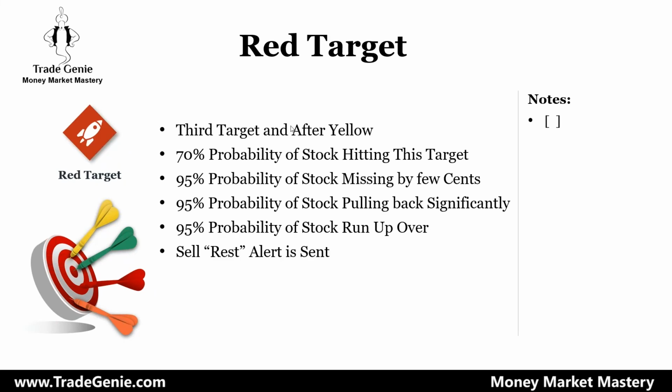Now the red target. The red target is at some major resistance, not only the major resistance, but the turning point where the market has turned before, or where the overbought levels will be reached. Something like a brick wall. It has a very high probability that when the red target hits, the stock will pull back severely. So 70% probability, and the probability of reaching the red target is lower because it's further.